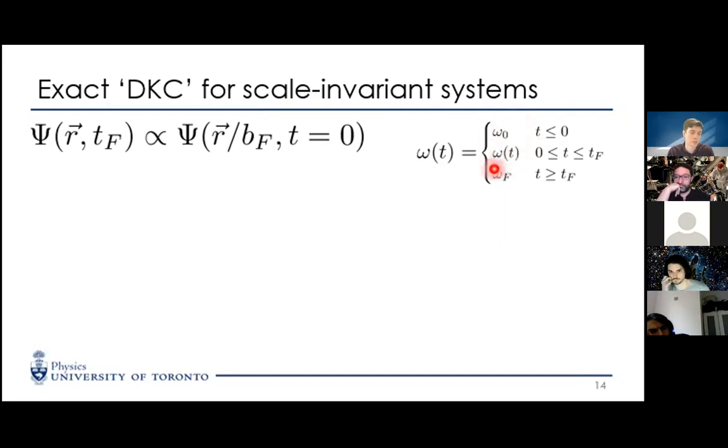We do some expansion with an arbitrary time-dependent trap. And our goal is to end up in an eigenstate of a final trap, which is also a harmonic oscillator with trap frequency omega f.